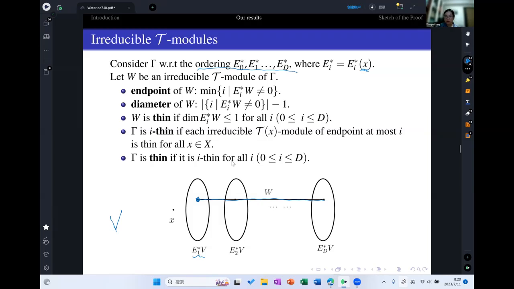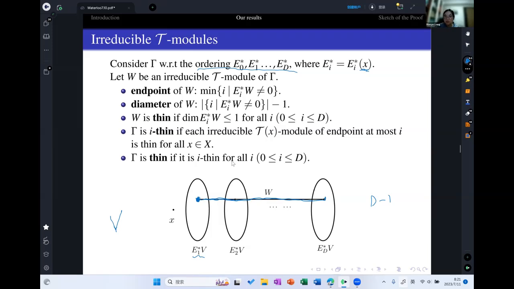And for a distance regular graph, if I have a non-zero vector here, and we apply the Terwilliger algebra to this, it can go on continuously. And here for this example, we can see the diameter is d minus 1. And W is thin if the dimension of Ei star W is at most 1 for all i.